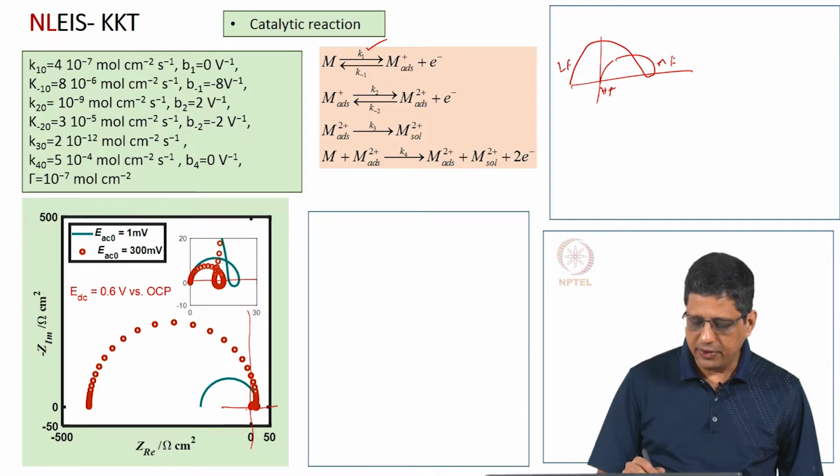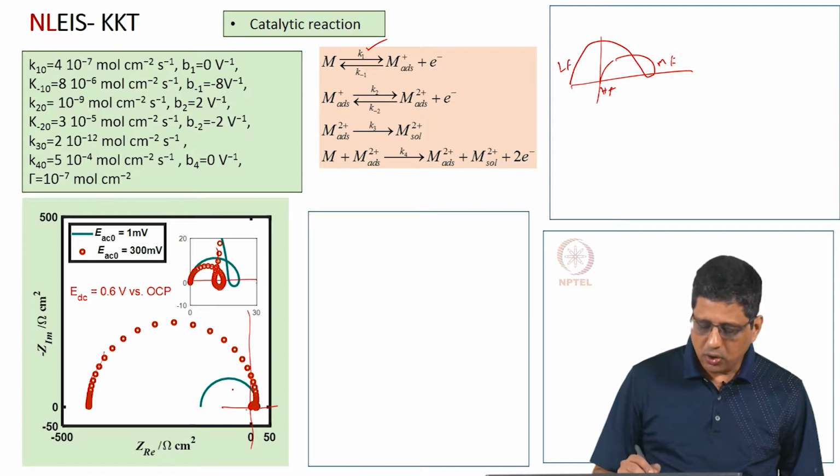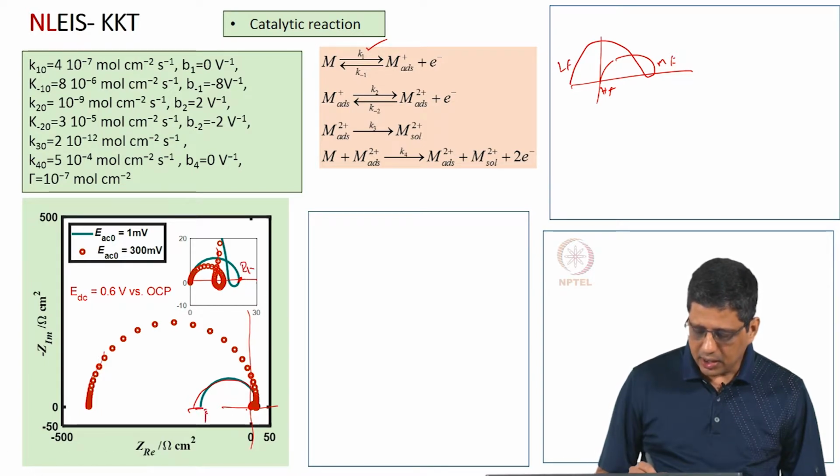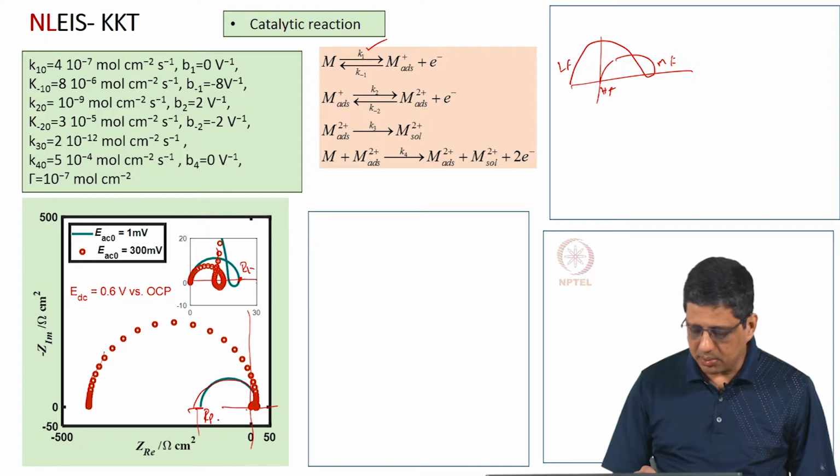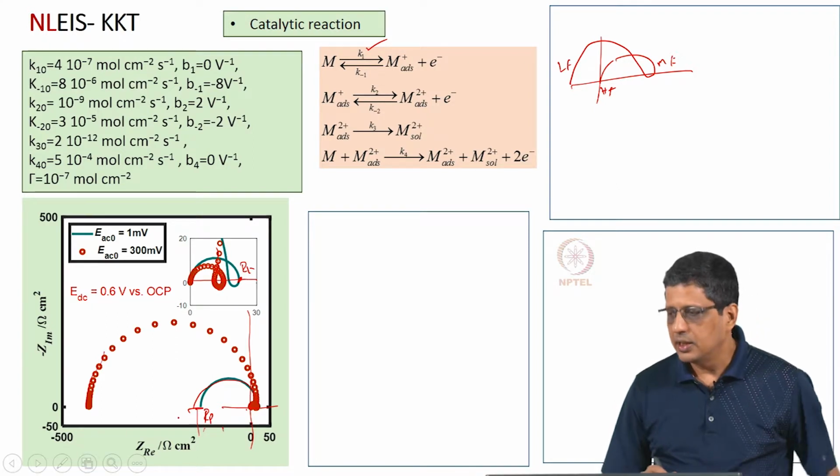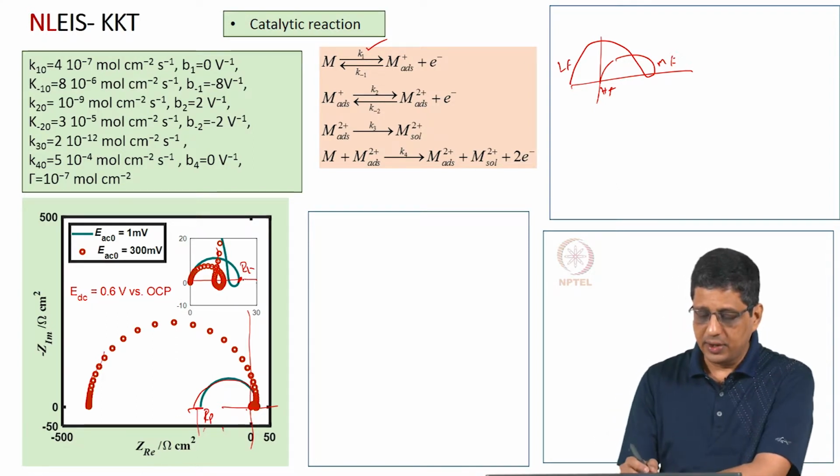High frequency to mid frequency and then low frequency comes here. 1 millivolt data shows charge transfer resistance here and polarization resistance, which is probably in the range of 50, 100, 150, something in that range, and the charge transfer resistance is in the range of about 20-25.